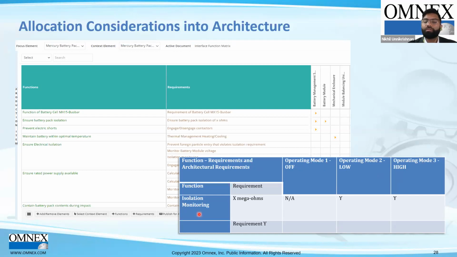So you can see how this particular function requirement applies to this particular state of the system. So this is like a mapping being done there, where you're mapping the function and requirements against a particular dynamic architecture within the system list of architectures. So just another example right there.